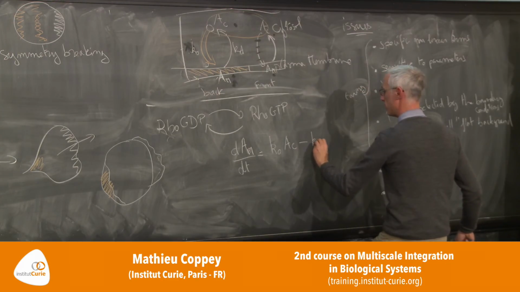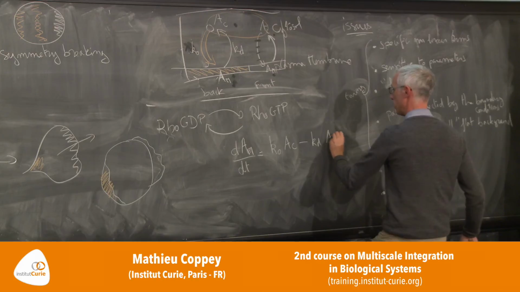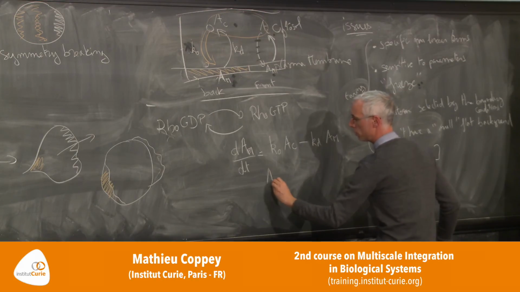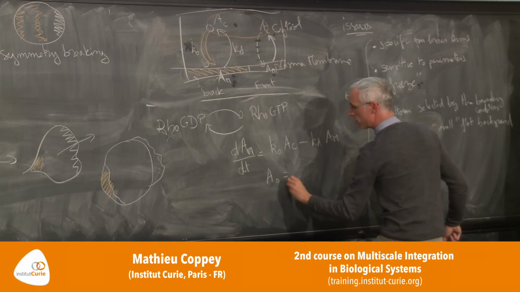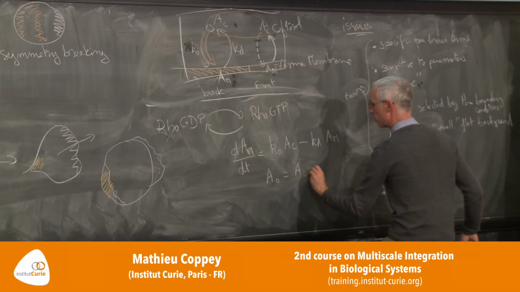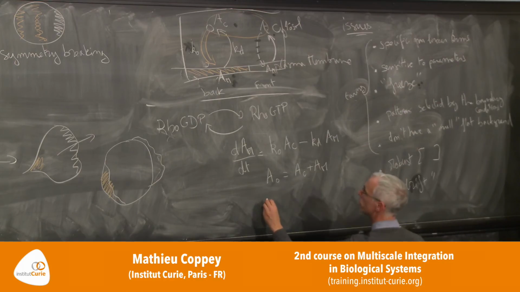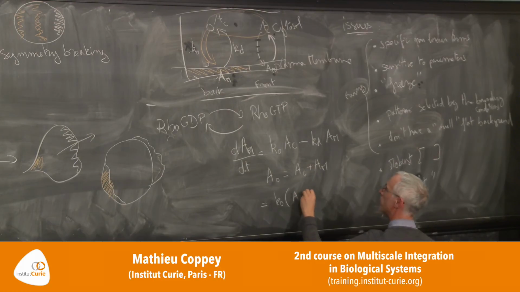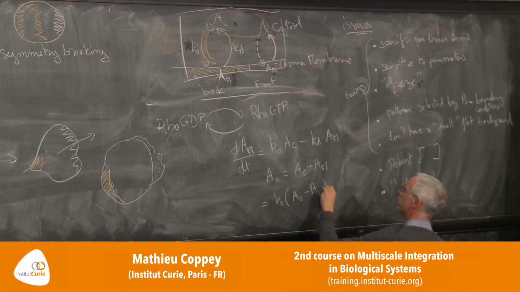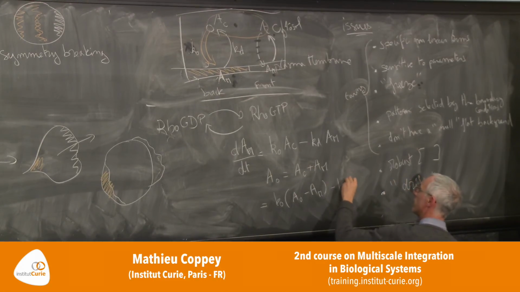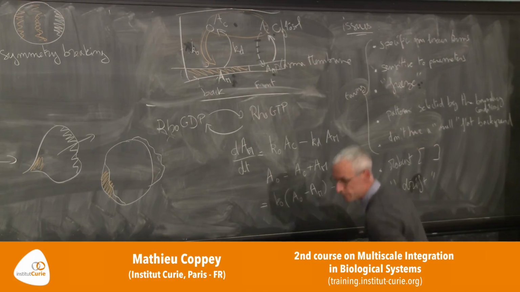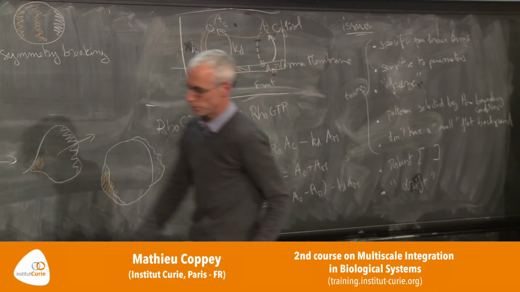If you have a conservation law that tells you that the total amount A0 is the sum of the cytoplasmic plus the membrane-bound, you replace it inside, and then you just get K0 (A0 minus AM) minus KD AM, and a steady state.